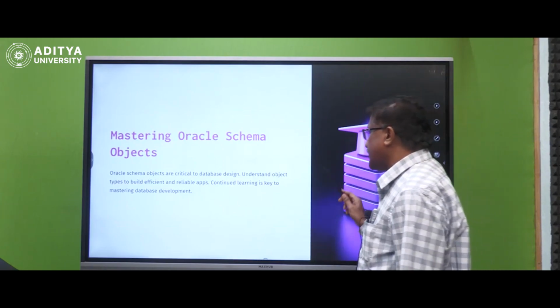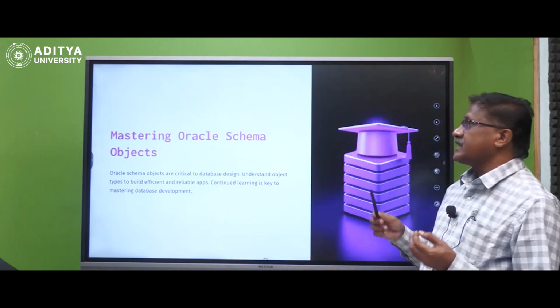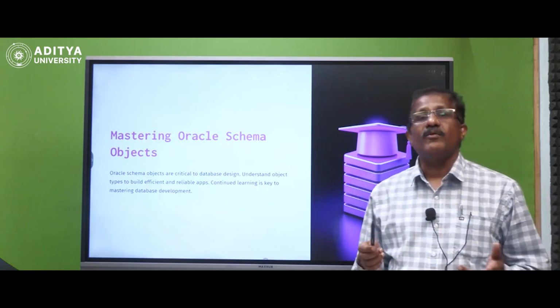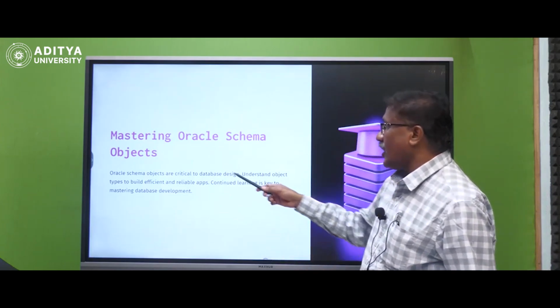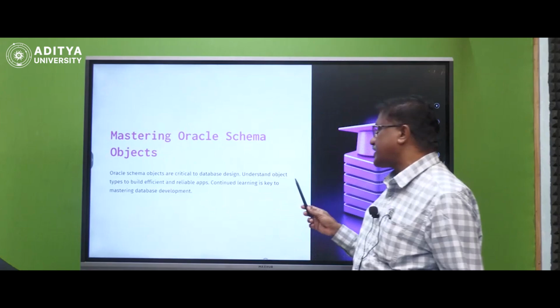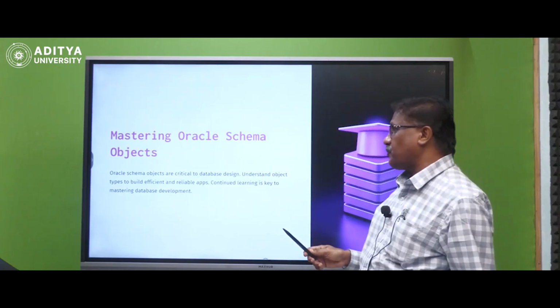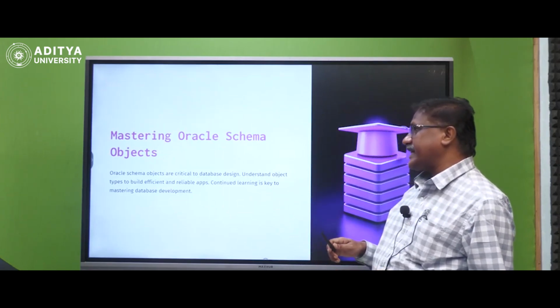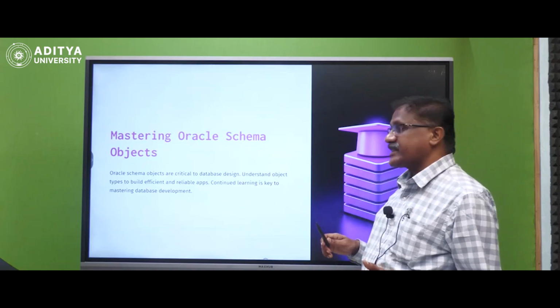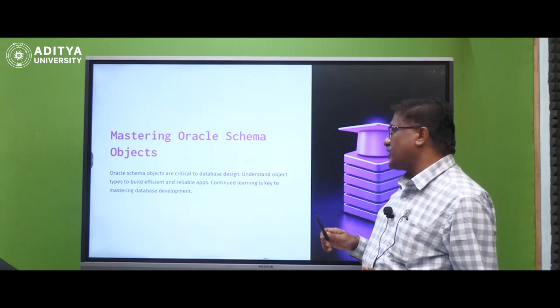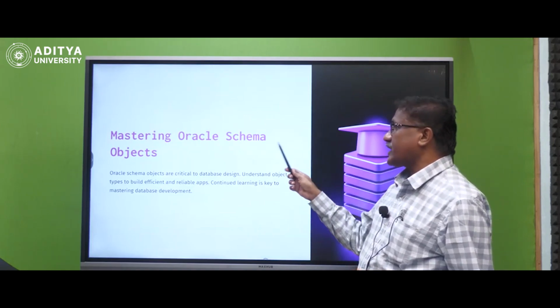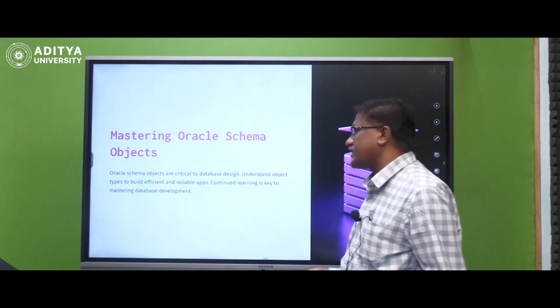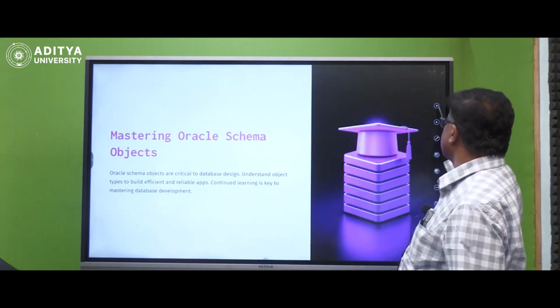Oracle schema objects are critical to the database. Understanding them is very important, so that we can develop efficient and reliable applications. If you continuously learn about Oracle schema objects, you can master database development.